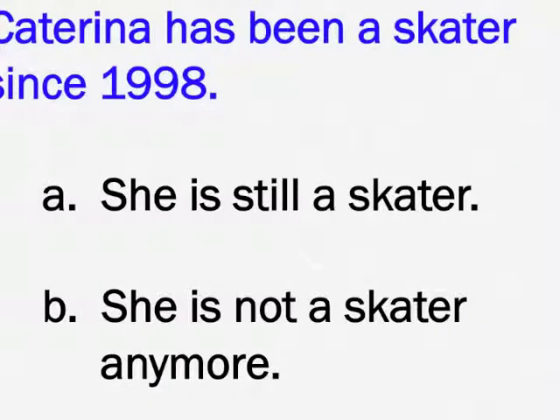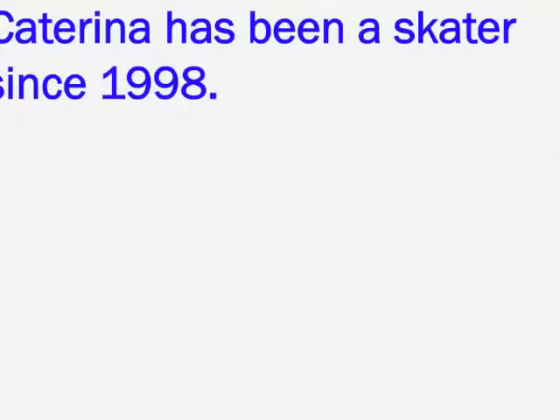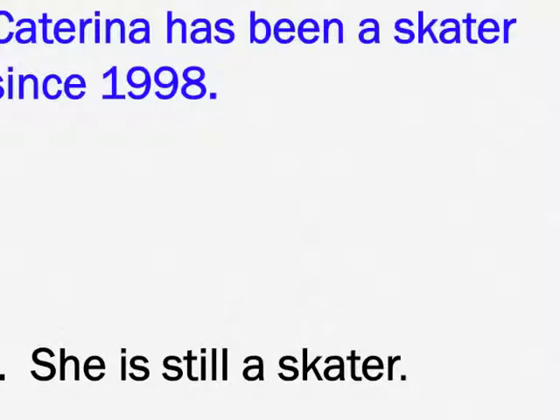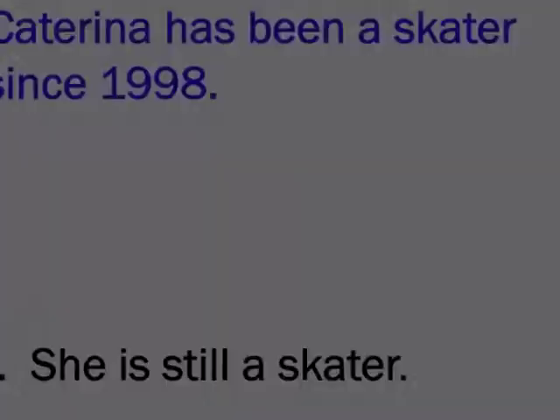Choose A or B. Katerina began skating in 1998. She is still skating. This is an action that began in the past, and it's still true today. We use the present perfect. A is the correct answer.